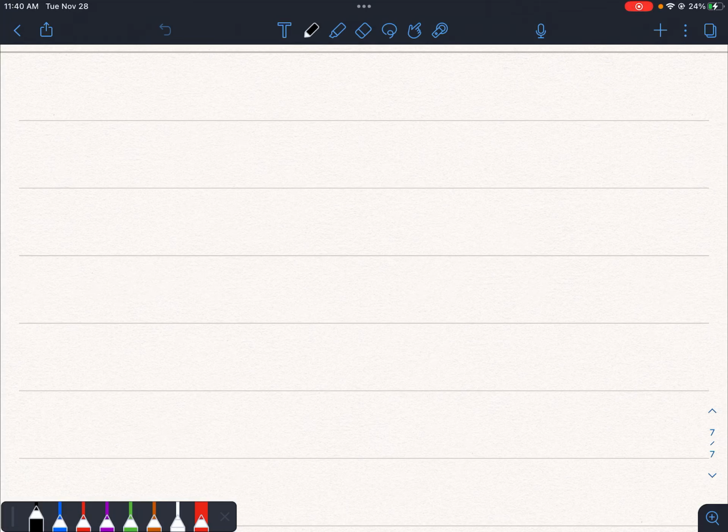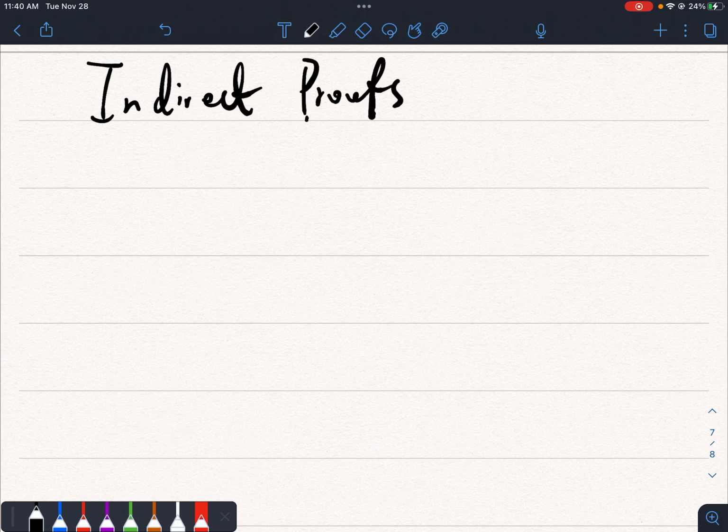Okay, so before we move on, I want to quickly talk about indirect proofs. There are actually many ways to prove indirectly, and I will show you some examples.